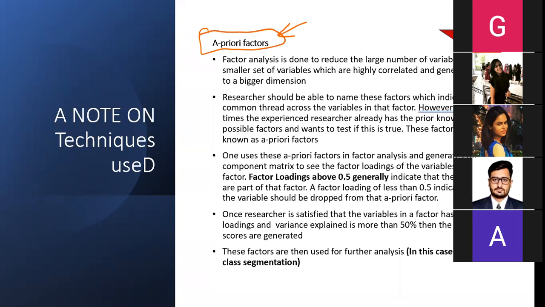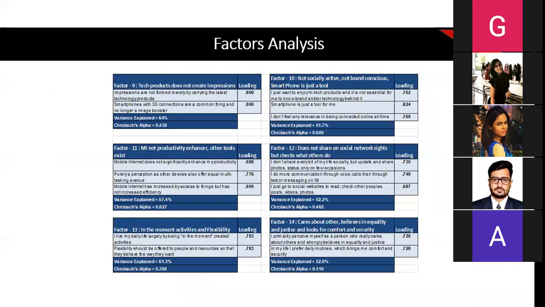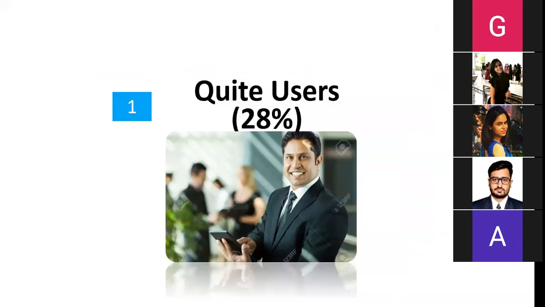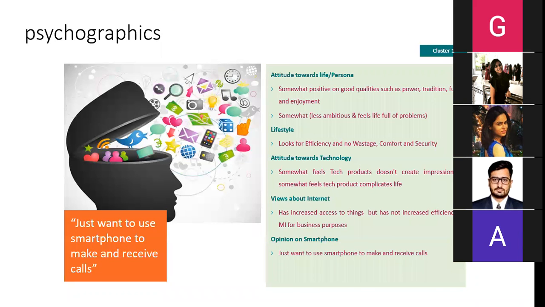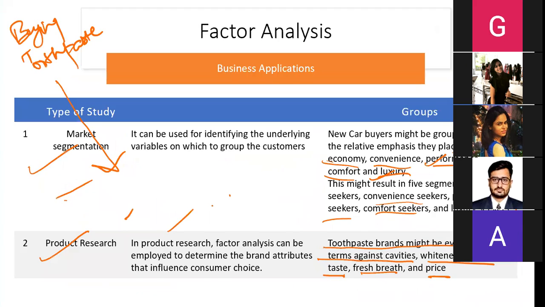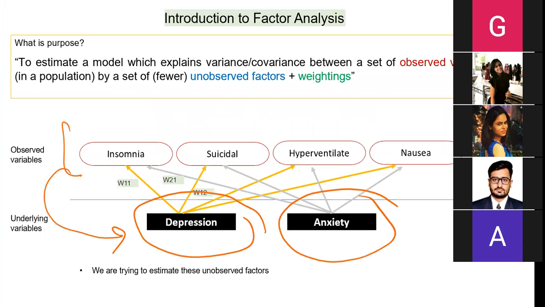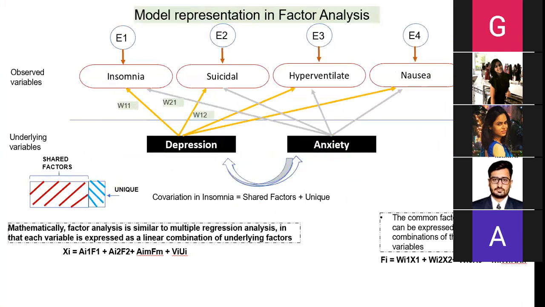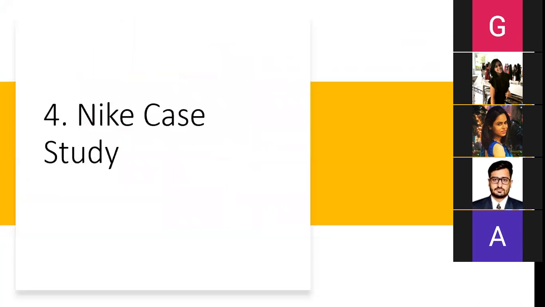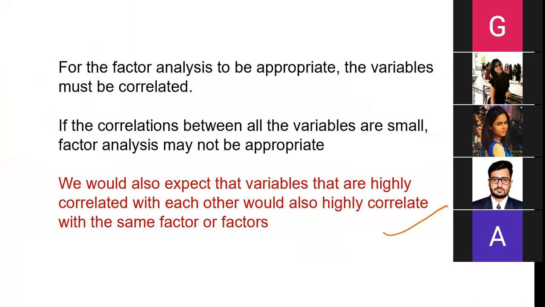So in this study, the client already knew what factors were going to come. She already had this idea that these variables are going to get together and there would be, say, 18 to 20 factors. We ran this factor analysis just to confirm what the researcher already knew.